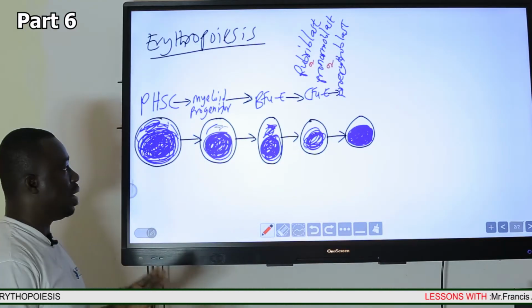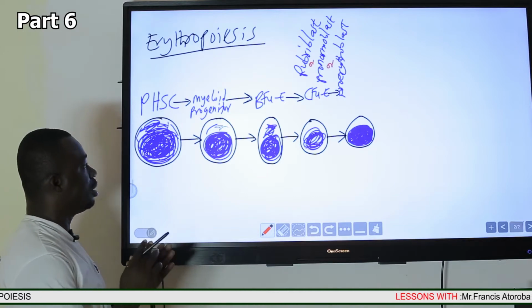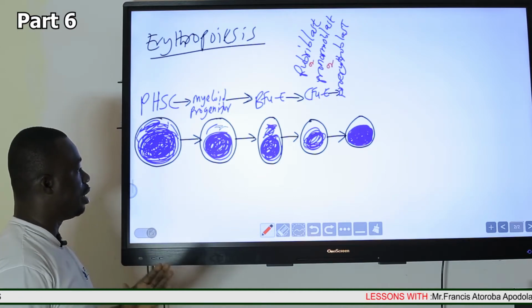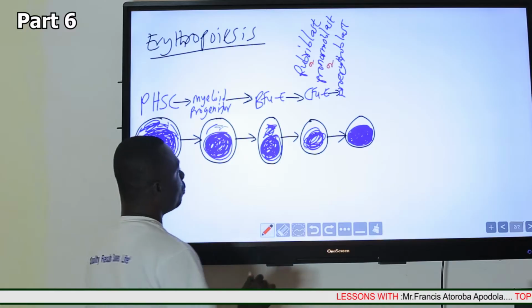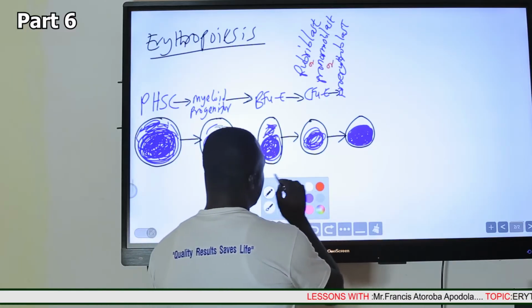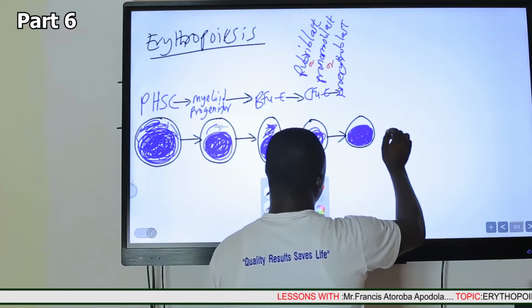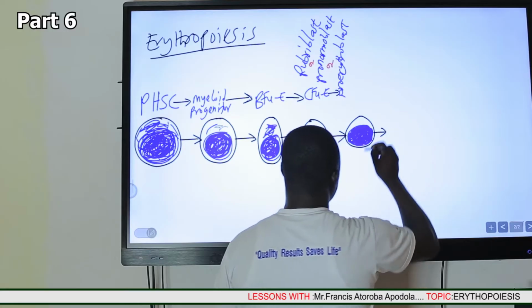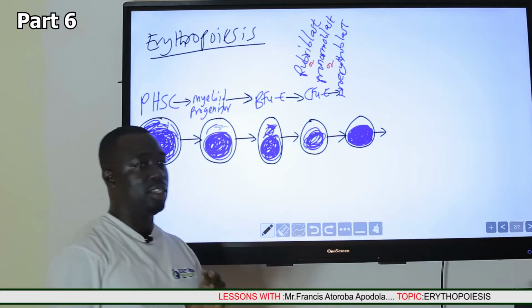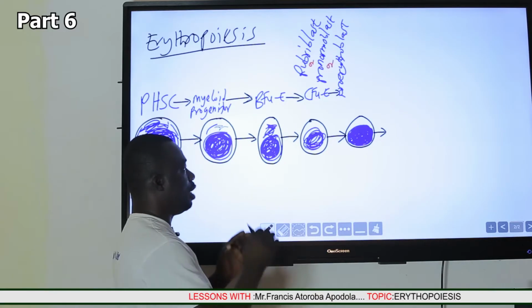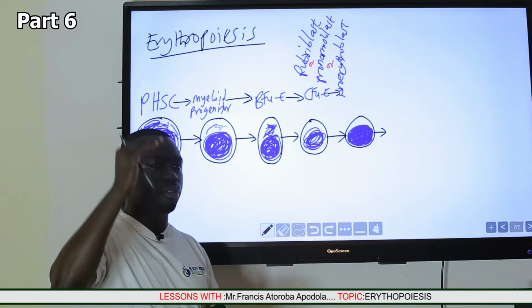These nomenclatures, in terms of the naming, are the same. Then from the pronormoblast stage, in the language of medicine, any word that begins with the prefix pro means before.